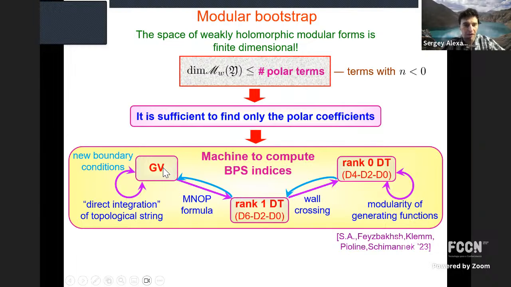This is very important because the direct integration method cannot go up to arbitrary genus, because the number of known boundary conditions for fixing the holomorphic ambiguity of the topological string grows slower than the number of required boundary conditions to fix this ambiguity completely. So at some point you are just stuck and you don't have enough boundary conditions to solve the topological string. And our procedure actually allows us to get new boundary conditions.